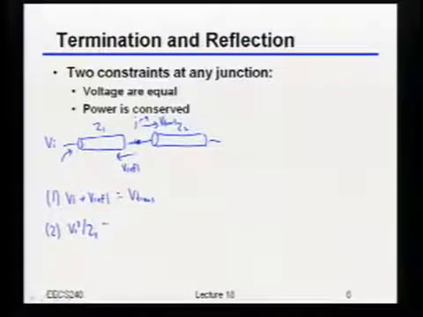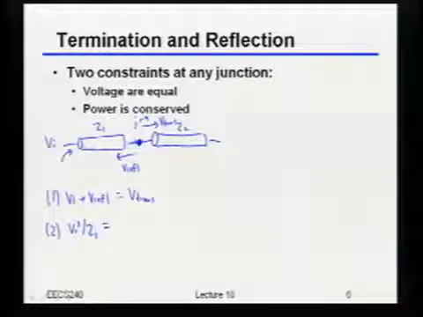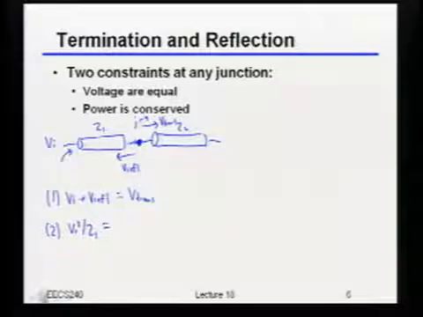Okay, so once I get to this junction, that power had better be conserved, right? Otherwise, something is wrong. Power can't just magically flow out of the system, right? So that basically means that the power from the reflected wave plus the power from the transmitted wave had better be equal to this input power, right?